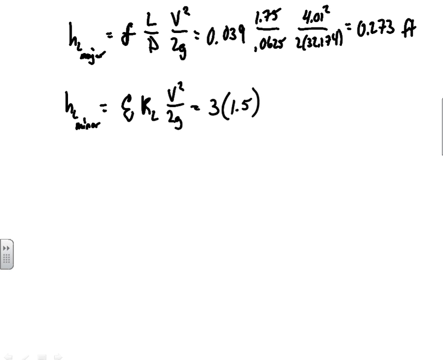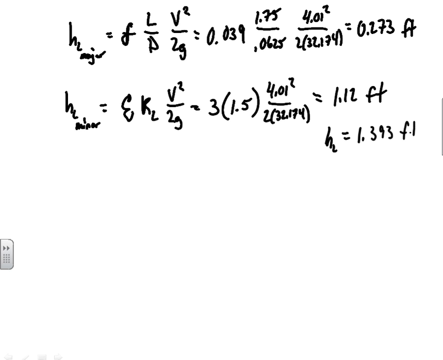Now we multiply by V squared, 4.01 squared, over 2 times G, 32.174. And we get that the minor loss is 1.12 feet. So the head loss is the combination of those two, or 1.393 feet.